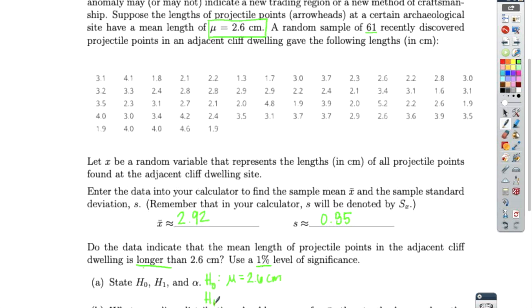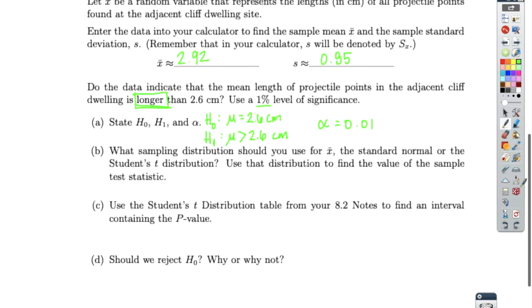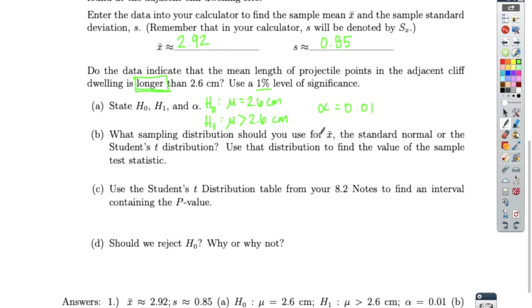Our alternate hypothesis is going to be mu is either greater than or less than or just not equal to 2.6. We have to get a clue from the problem which way they want this inequality to go. And the clue is right here, longer than 2.6, so greater than 2.6 centimeters. Use our 1% level of significance, so alpha equals 0.01.